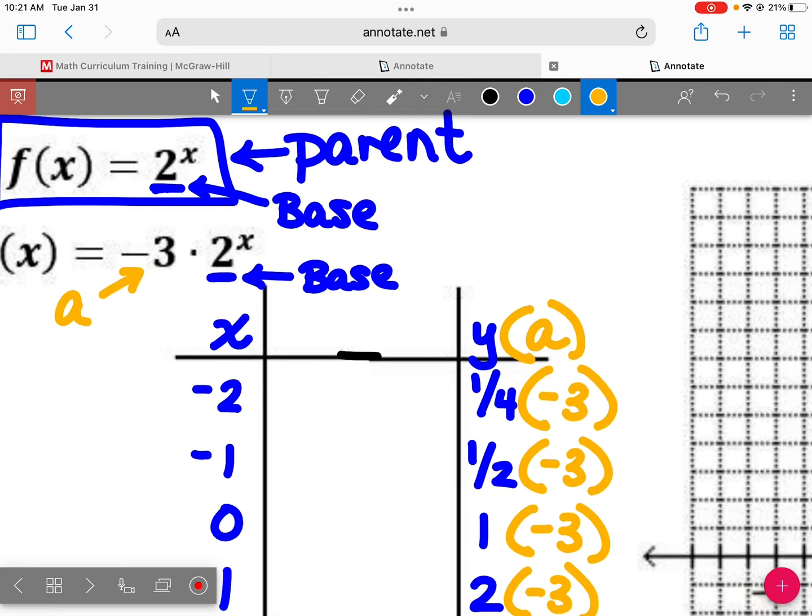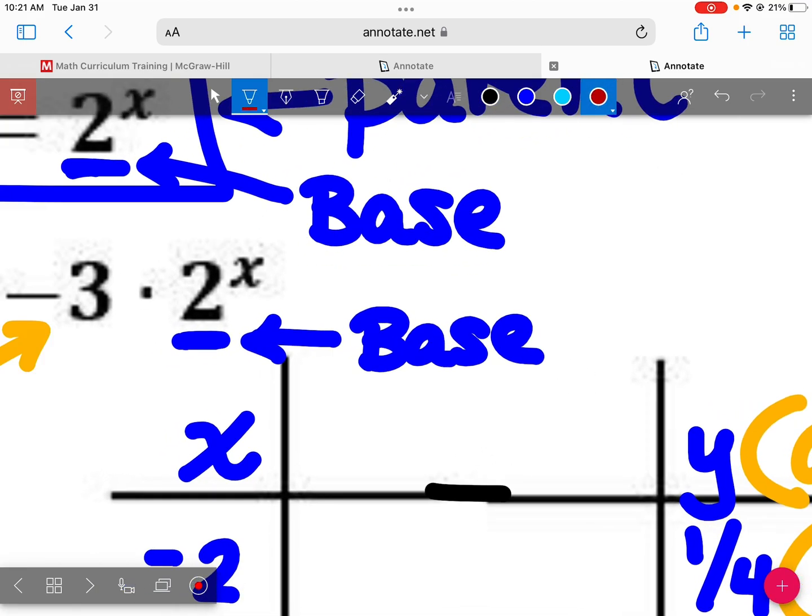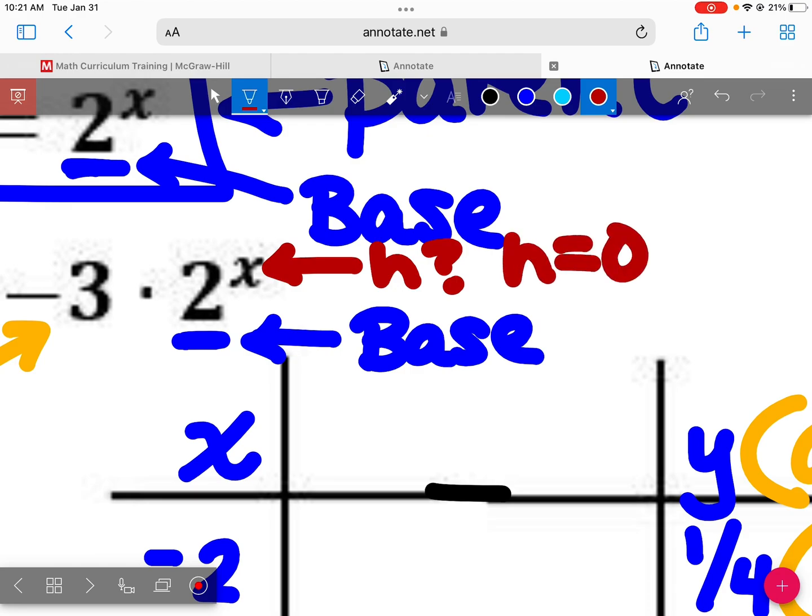What is our H value? 0. Where would we go looking for H? After the exponent. So it'd be right here. H, I don't see it. So it's 0. Do I go left or right at all then? Nope.